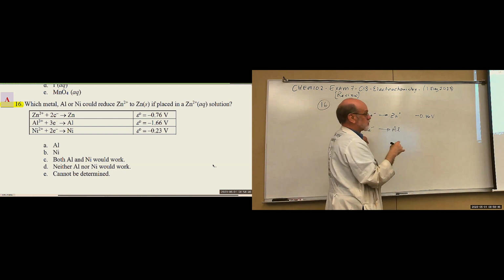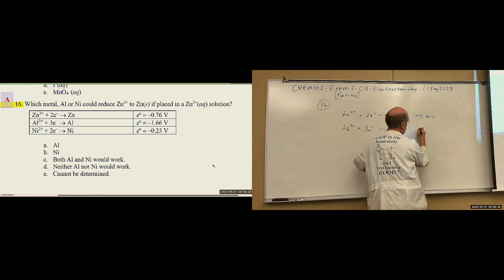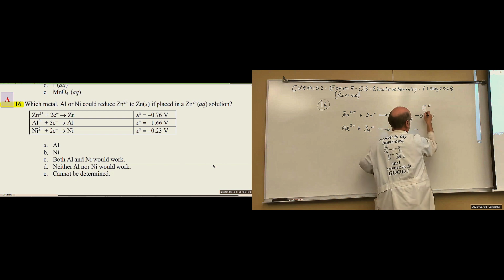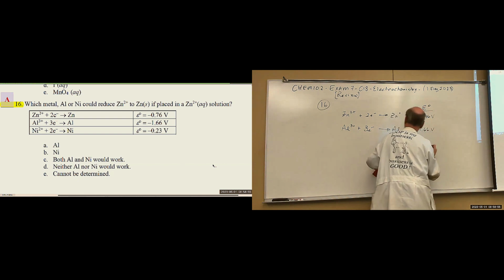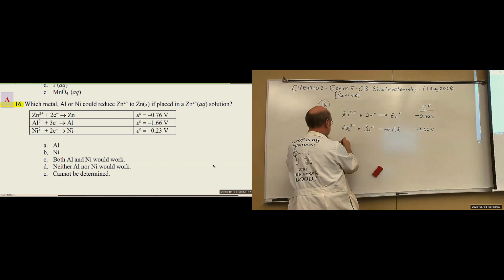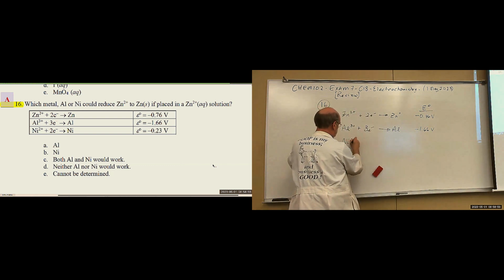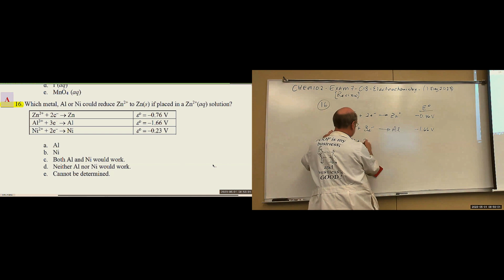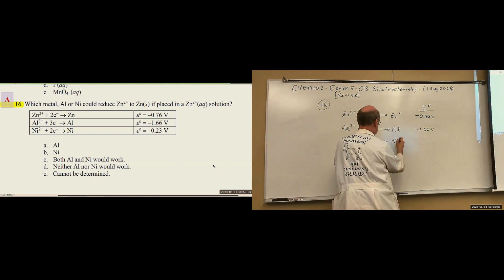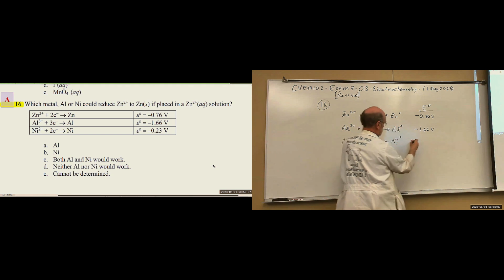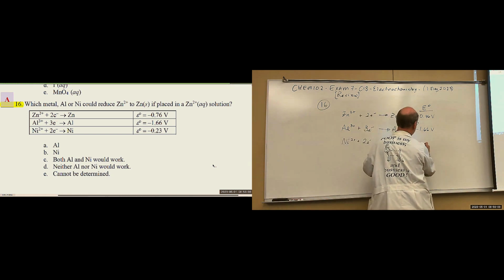But this is reduction, right? So we're going to do it that way first: -1.66. And then nickel, we'll get 2 electrons and yield nickel solid, 0, and this one would be -0.23.